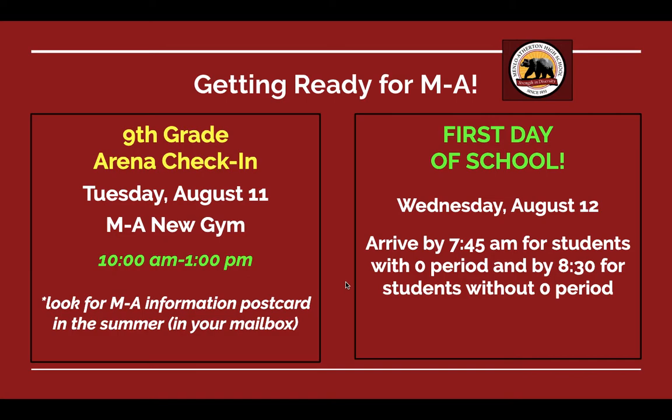Ninth grade arena check-in and orientation is scheduled for Tuesday, August 11th from 10 a.m. to 1 p.m. The first day of school will be the following day, Wednesday, August 12th. Please plan to arrive by 7:45 if your student has 0 period, and students who do not have 0 period, which again is most of our students, should arrive by 8:30 a.m.